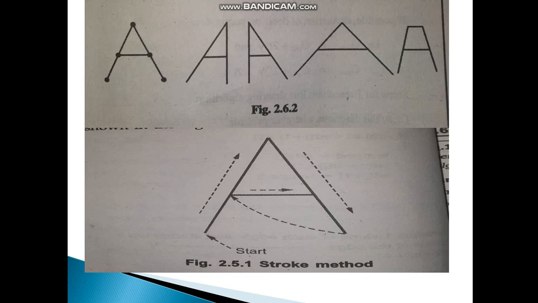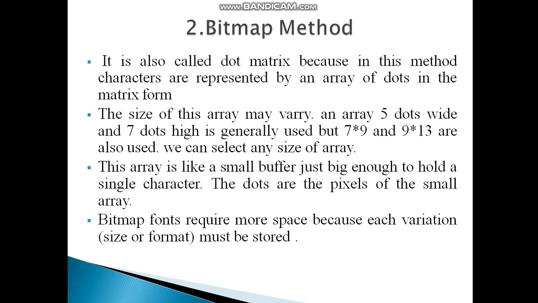Then the second method is bitmap method. It is also called dot matrix because in this method characters are represented by an array of dots in the matrix form. In bitmap method, you can use a pixel array to display a character.